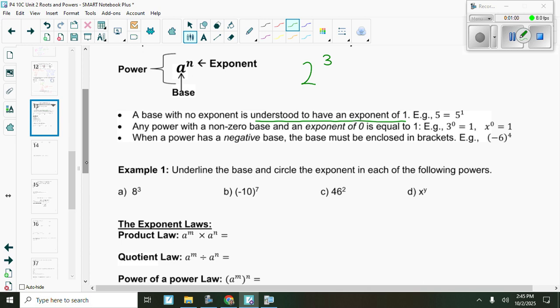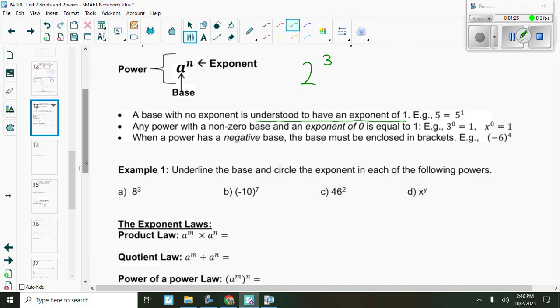If we're talking about exponent laws and there's no exponent visible, it means there is an exponent of 1, because anything to the exponent 1 is just itself. That's why we don't write it in. Here's your example: 5 doesn't have an exponent, but we could write 5 to the exponent 1 if we needed one to be there.